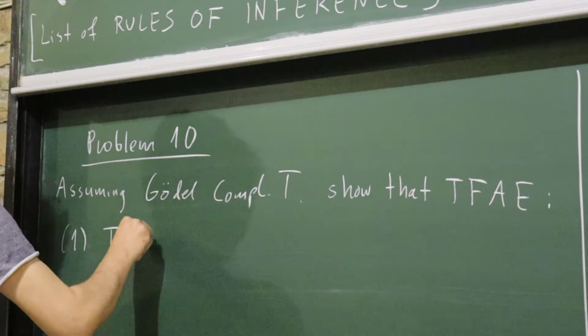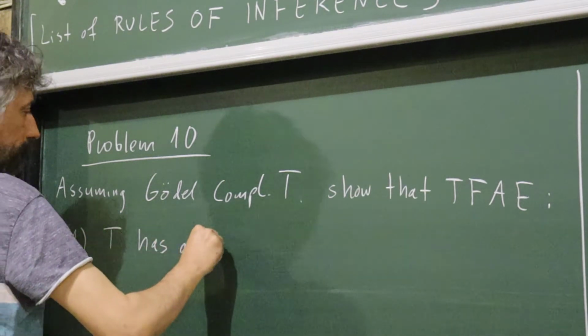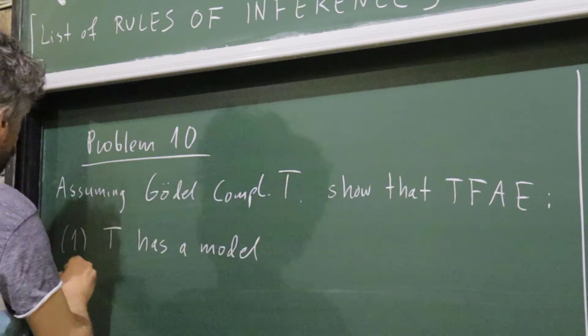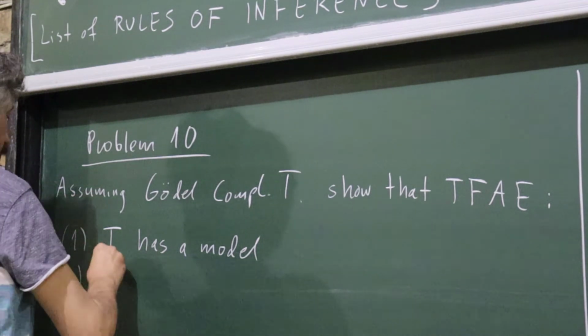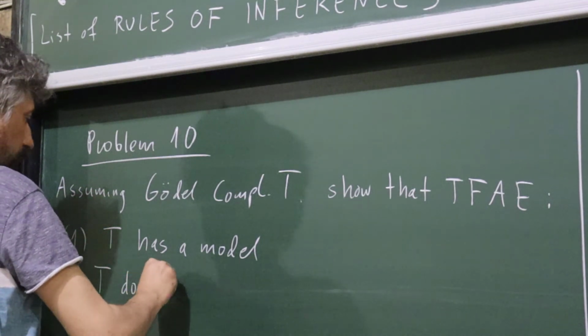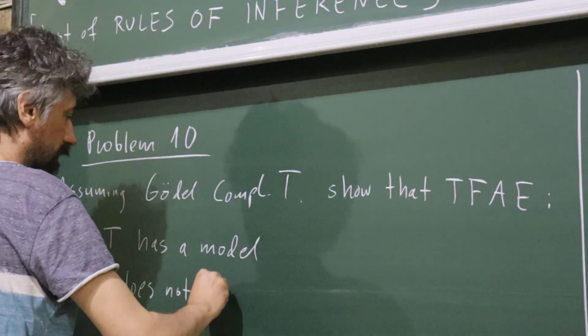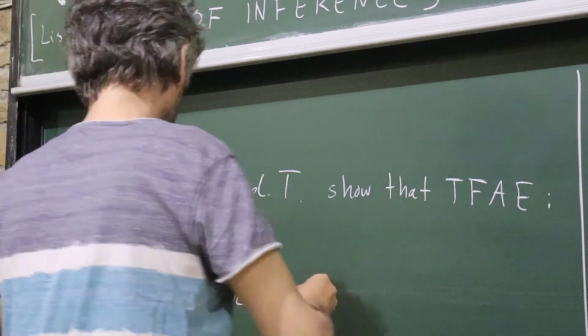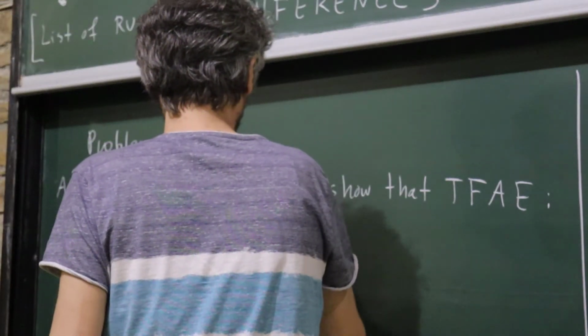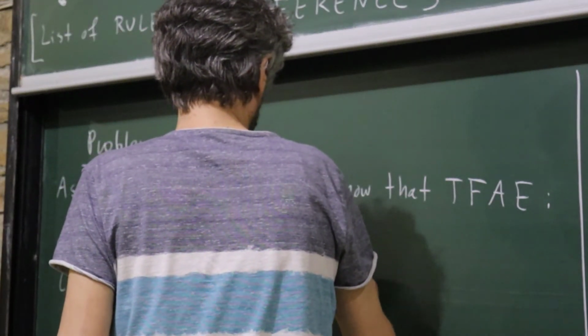One, T has a model, which we know by the compactness theorem is equivalent to T being finitely satisfiable. And two, T does not prove anything contradictory.